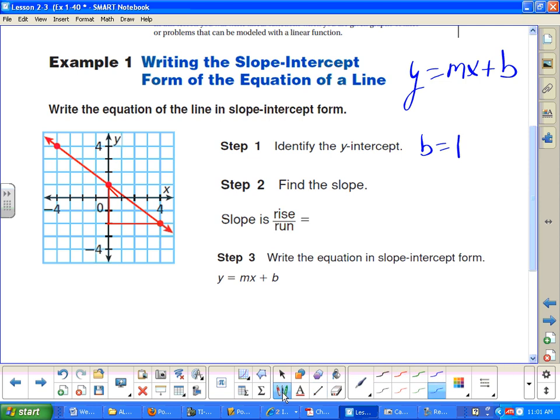Since I'm going down first, I'm going down 1, 2, 3. Going down is a negative number, so it's negative 3. And then going to the right, 1, 2, 3, 4, and that's a positive number. So my rise over run would be negative 3 over 4 for my slope. So y equals negative 3/4 x plus 1.